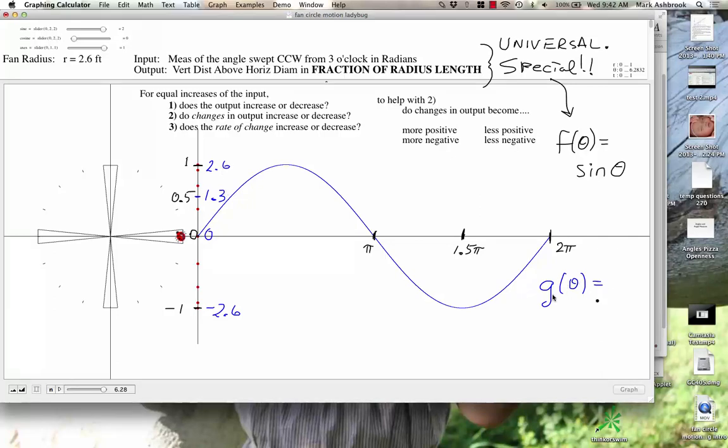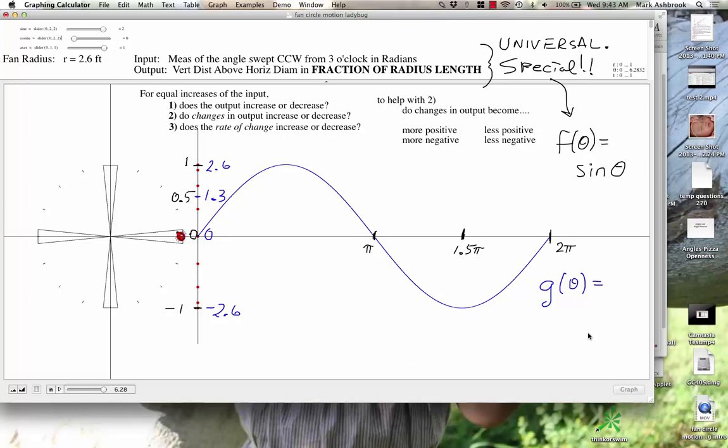So how can I write this function g theta? John? 2.6 multiplied by sine of theta. He wants 2.6 times sine of theta. Because if we think of that sine theta as the fraction of a radius length, then we just always want to take the fraction of what? 2.6 feet.